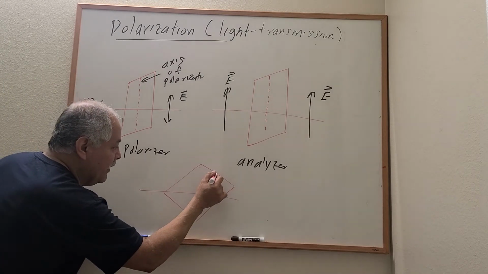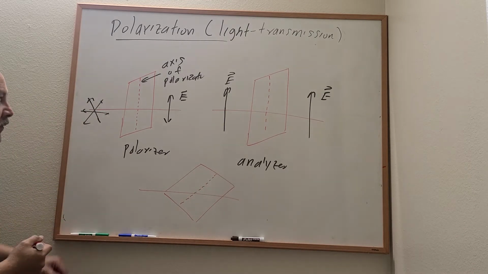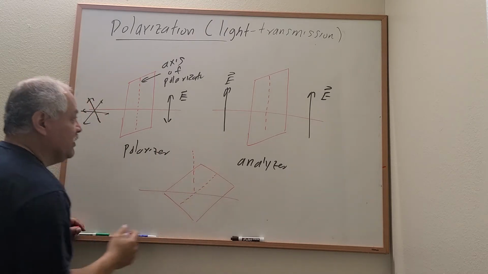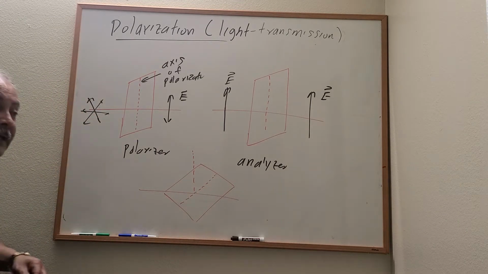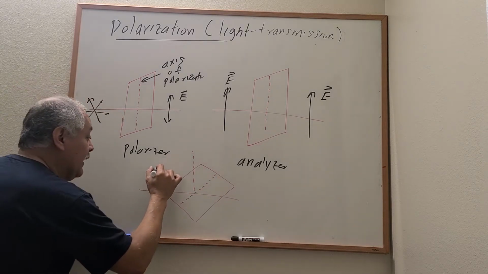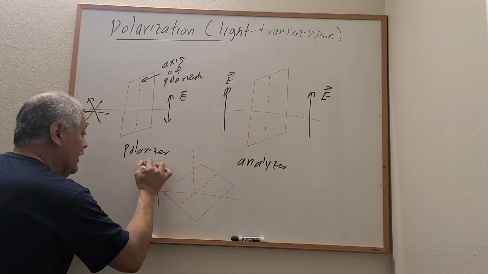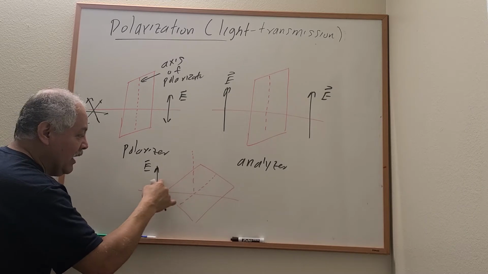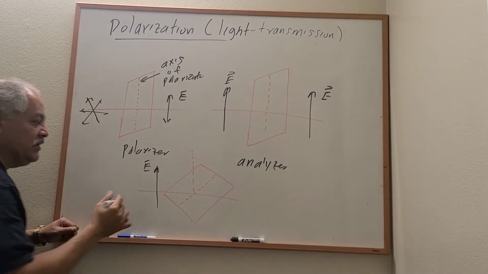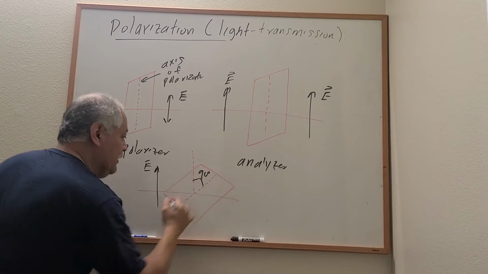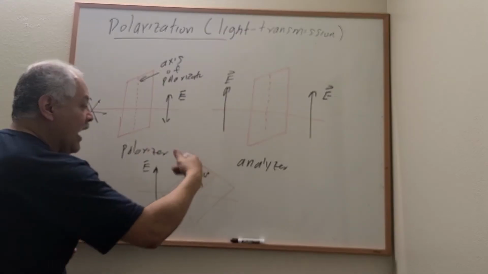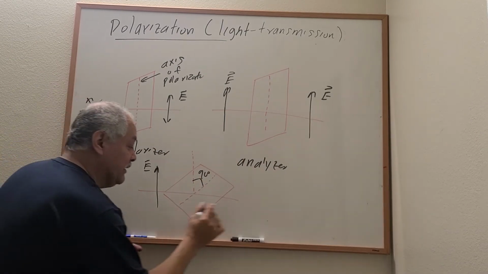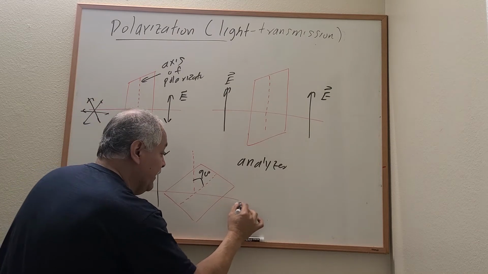This is again the axis of polarization, and at the beginning, this is the direction of the incoming polarized electric field. If we have this perpendicular to the axis of polarization, imagine that this is 90 degrees, when that happens, the electric field coming out through this analyzer is going to be 0. So the electric field in this case is 0.